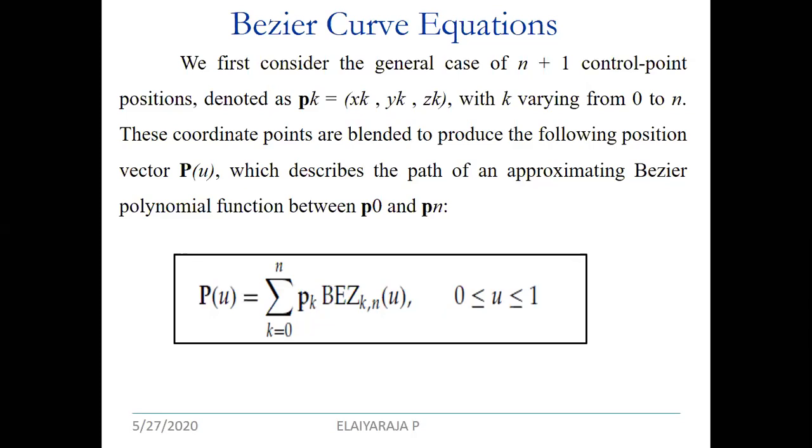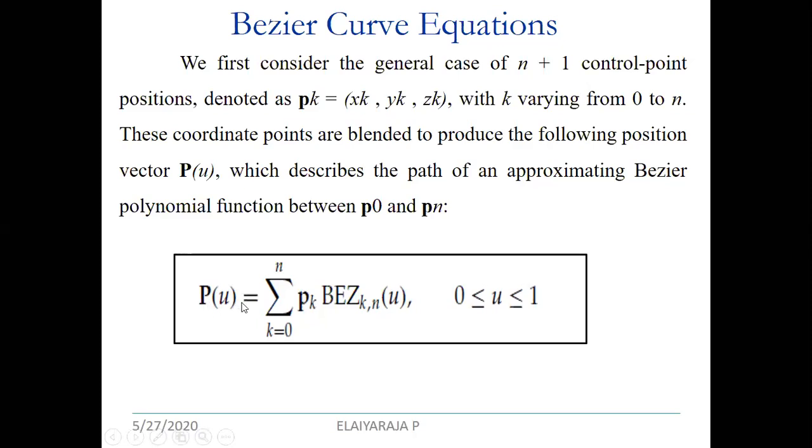The degree of the polynomial is the number of control points minus 1.